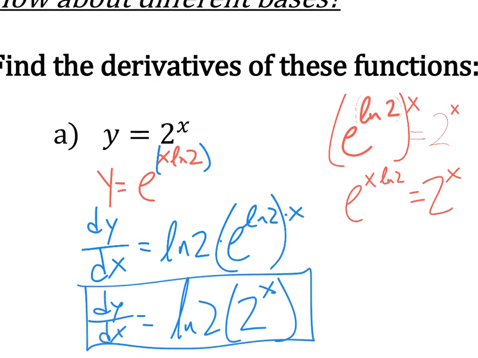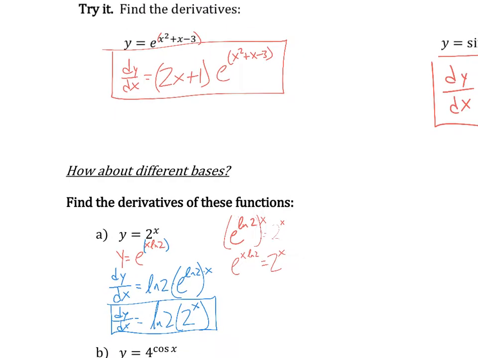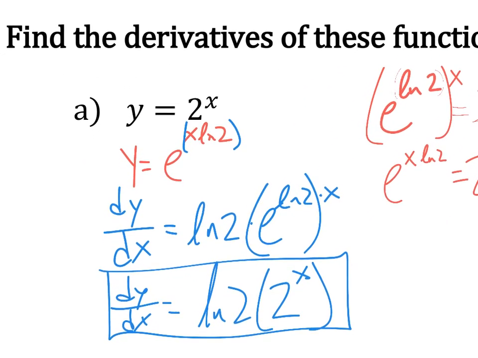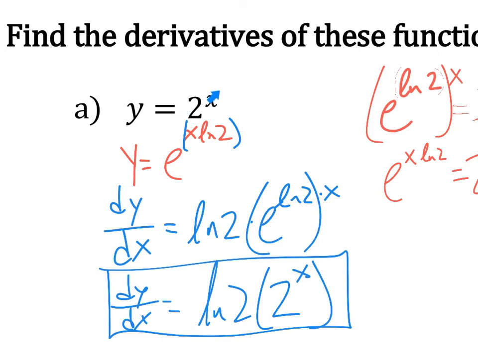So what happened? When we take the derivative of 2 to the x, man, I wish it was as easy as e to the x. E to the x was easy; it was e to the x. It'd be nice if 2 to the x was just 2 to the x, but it's almost that easy. The derivative of 2 to the x is 2 to the x, but we've got to multiply it by this conversion factor.